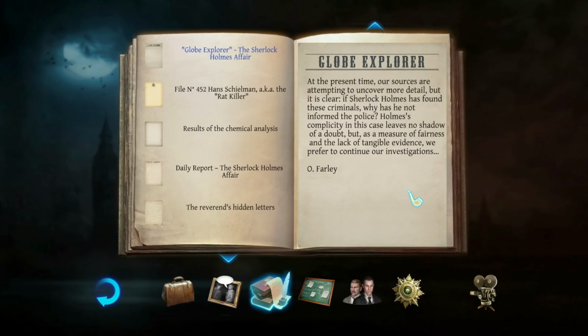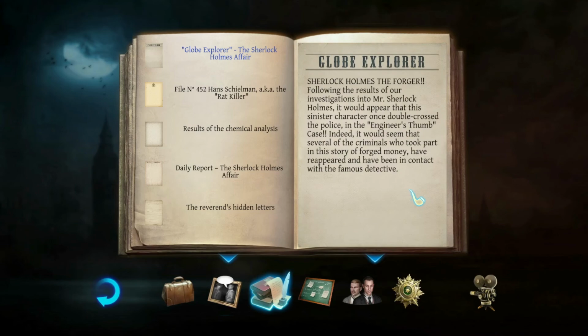Okay, Sherlock Holmes, the forger. Following the results of our investigation into Mr. Sherlock Holmes, it would appear that his sinister character once double-crossed the police in the engineer's thumb case. Indeed, it would seem that several of the criminals who took part in this story of forged money have reappeared and have been in contact with the famous detective.